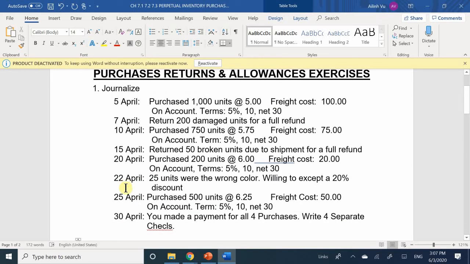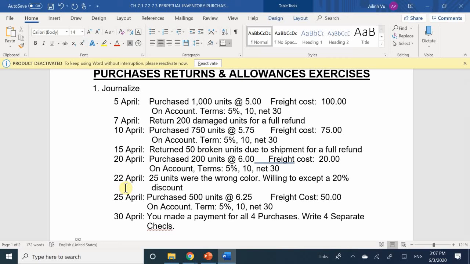So what happened next on the 22nd? Let's see, 25 units were the wrong color, willing to accept a 20% discount.